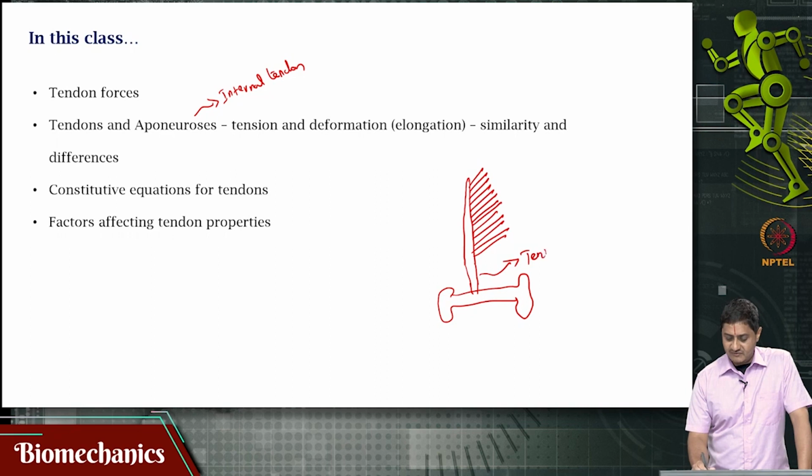This part of the tendon where the tendon attaches to the bone is simply called the tendon, or external tendon.